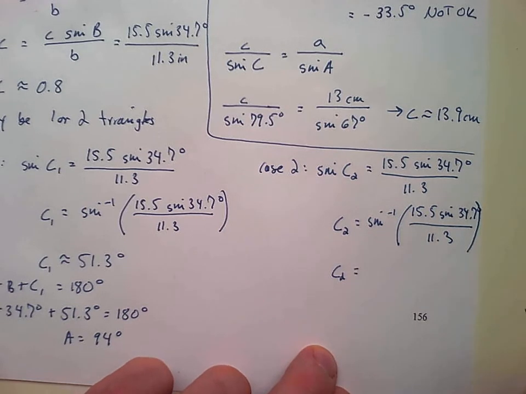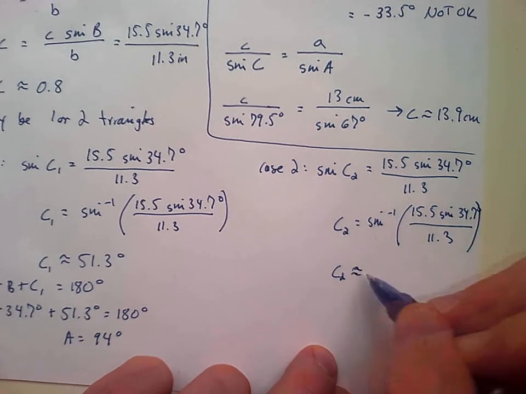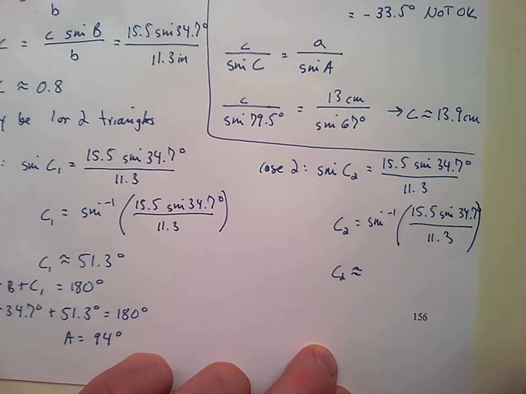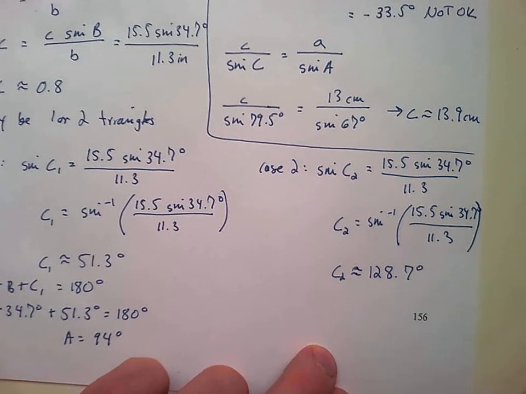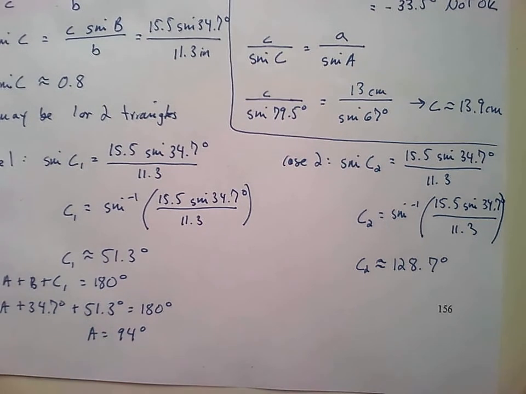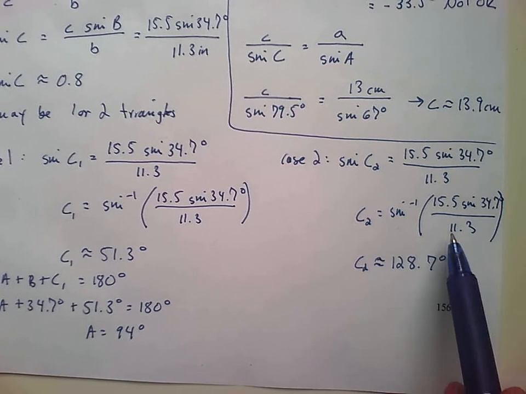Now we can get that another solution to this is that C2 is approximately 128.7 degrees. Again, I highly encourage that you do this in your calculator.